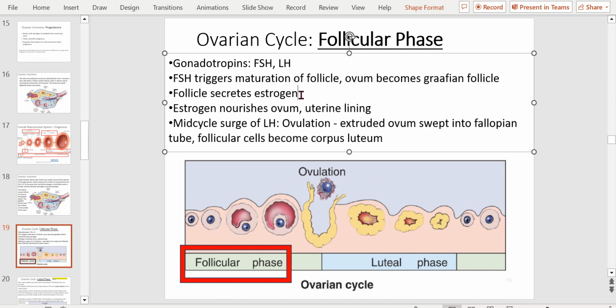The follicle secretes estrogen, which nourishes the ovum and the uterine lining. There's a mid-cycle surge of luteinizing hormone, then ovulation, and the extruded ovum is swept into the fallopian tubes. The follicular cells become the corpus luteum. All is right there, and you'll see the whole development of the follicle.